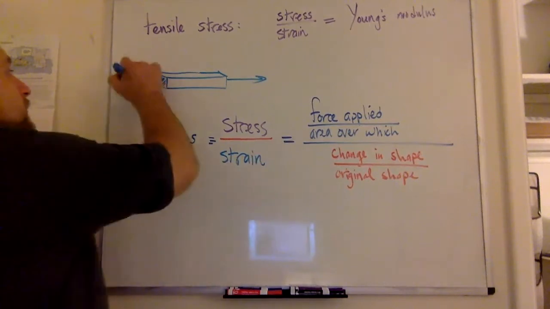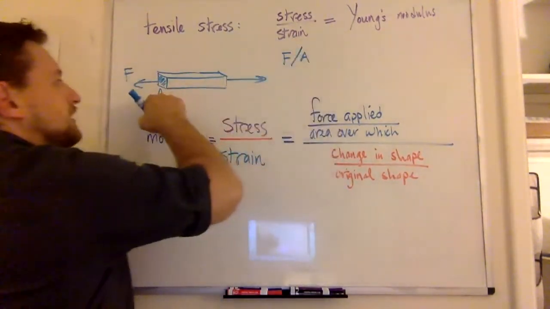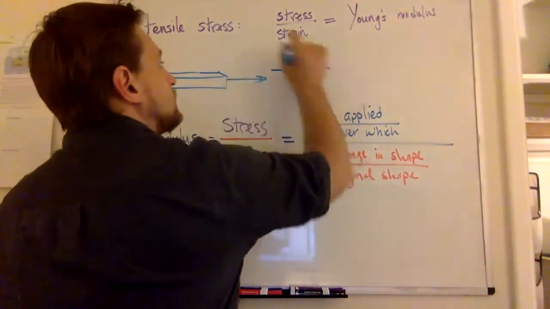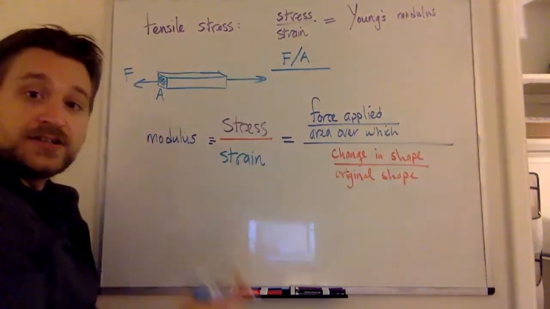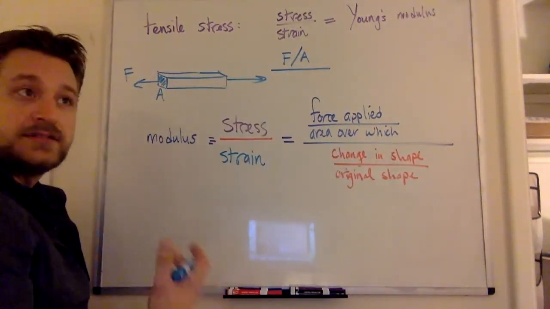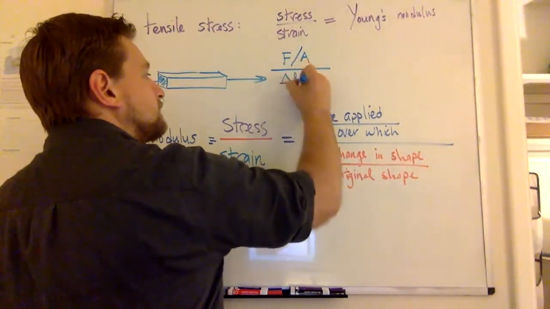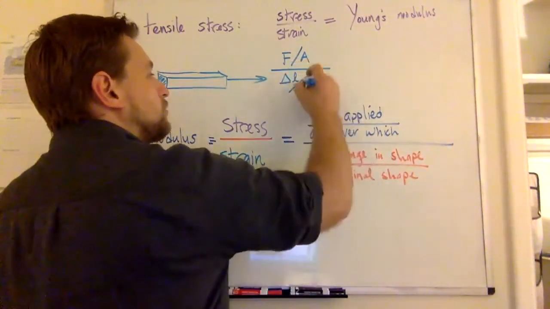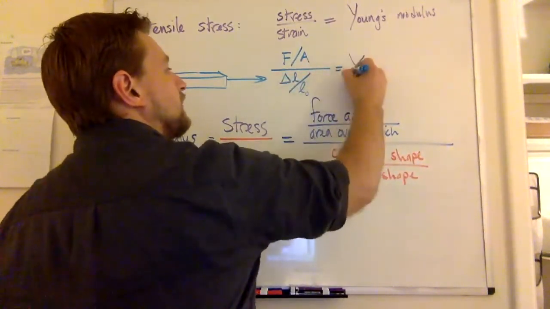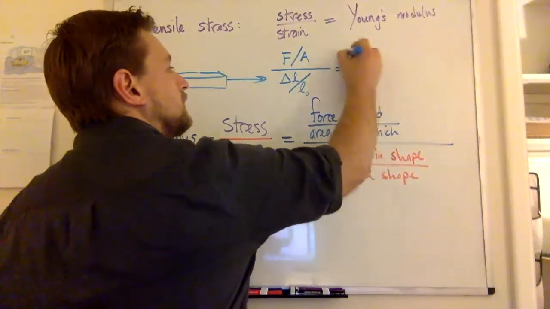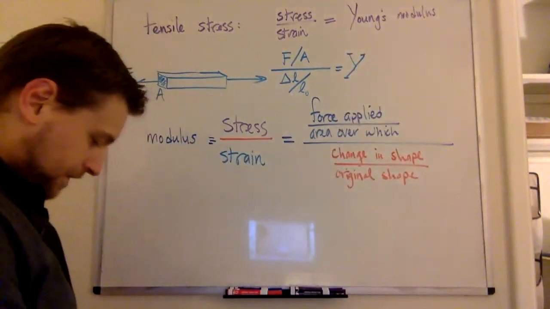So we've got our force applied, divided by that cross-sectional area. The strain, we're talking about a length, a linear change in dimension, in shape. So we've got a delta L as compared to the original length, L0. And that's all proportional to Y, the Young's modulus. Okay, cool.